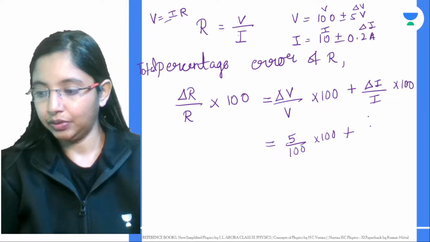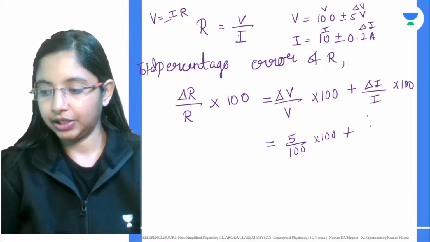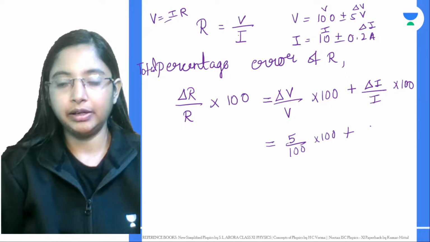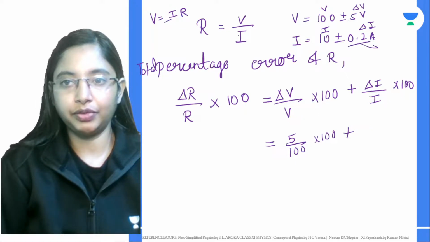Looking at the current, 0.2 by 10, into 100 percent. This is your relative error. This delta I by I gives you the current's percentage error.